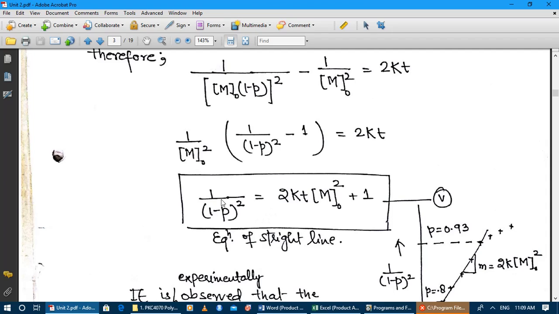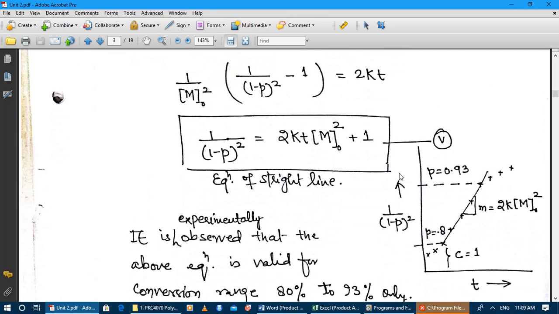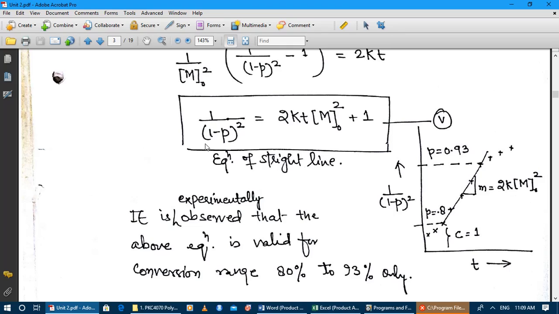So this is my final equation for the self-catalyzed polymerization reaction, and this equation is an equation of a straight line, where y is equal to 1 over (1 minus P) whole square, with respect to T. So what will be my m?